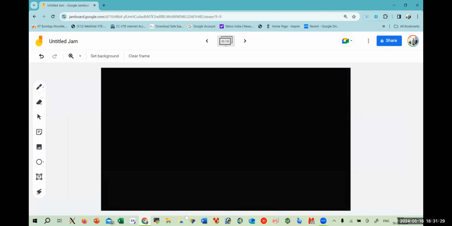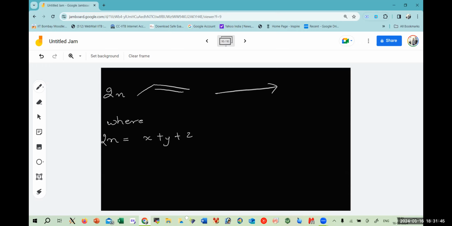So what are we saying? That we have propene, and if I take, for example, 2n, where n can be any multiple, n is equal to x plus y plus z. Why are we writing it like this?